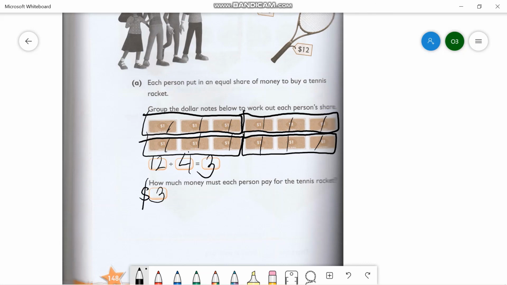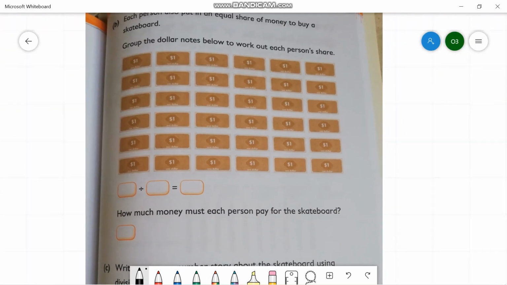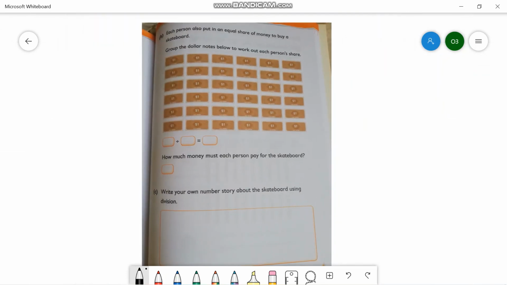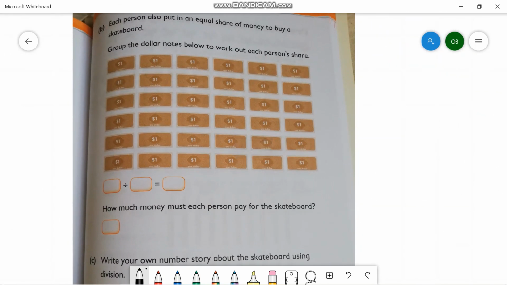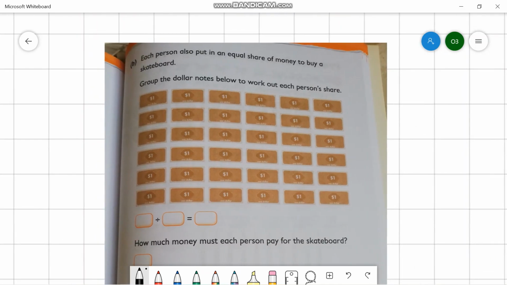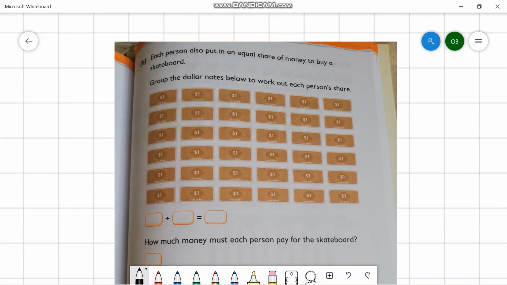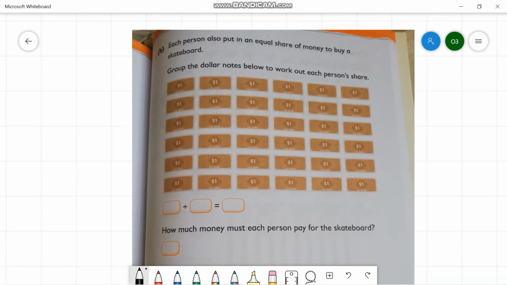Let's continue with letter B. Each person also put in an equal share of money to buy a skateboard. Group the dollar notes below to work out each person's share. So let's count first how much is the total amount.